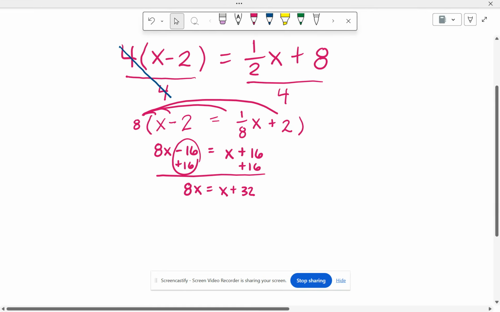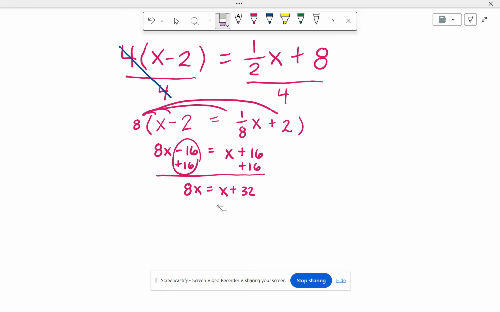All right, from here I want to combine my terms, the 8x and the x, but of course, since I am moving something across the equal sign, I need to make sure that I'm considering the opposite operation here.